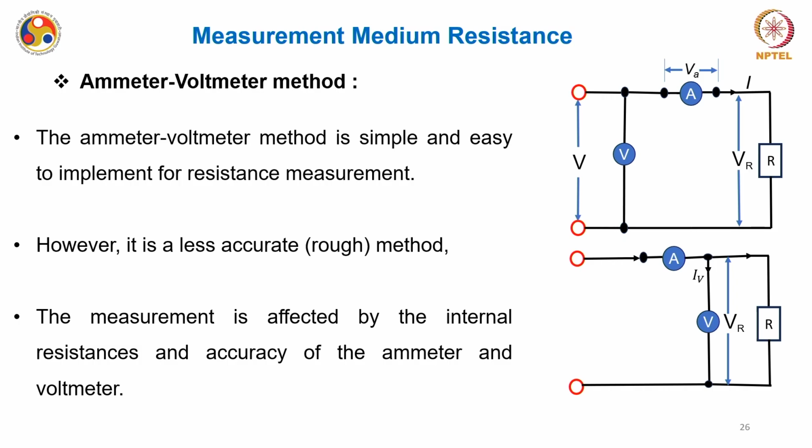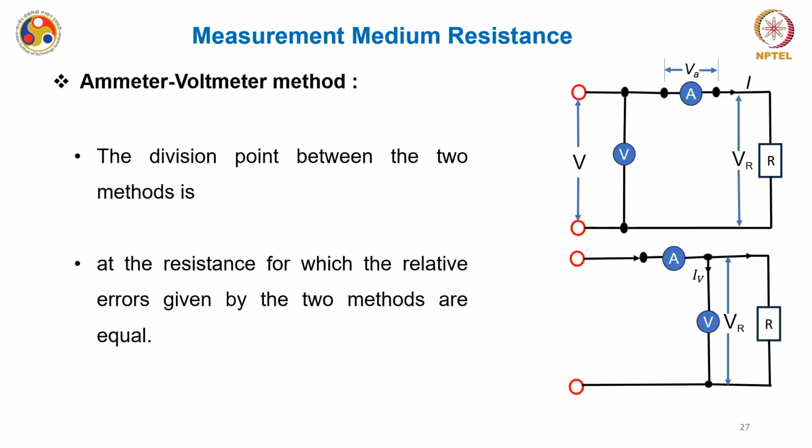We will see some more accurate measurement methodology for measuring these medium resistance ranges. The measurement is affected by the internal resistance and accuracy of these external analog meters, like the voltmeter and ammeter that we are using. But then there is a confusion: for a certain amount of resistance, which kind of connection should we prefer?